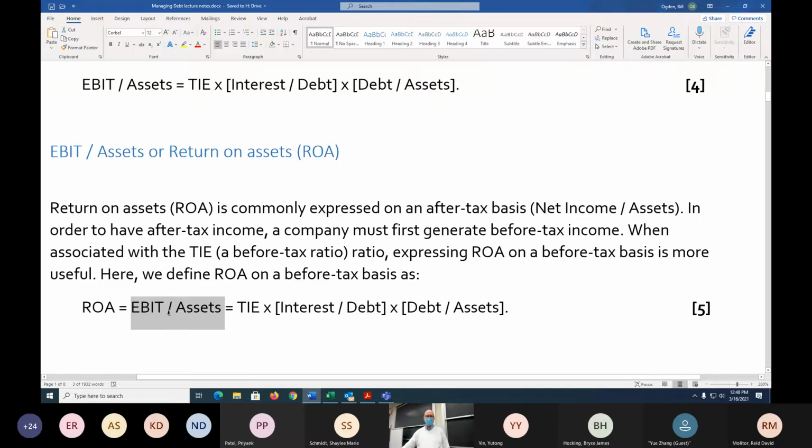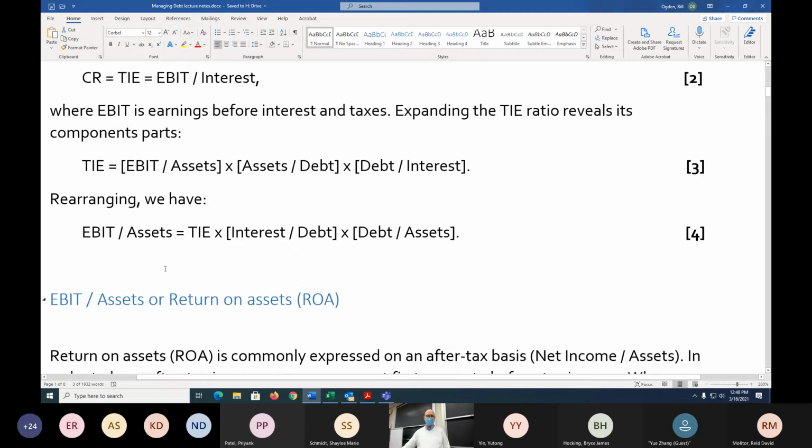Okay, so then if we come back to this equation, EBIT over assets equals times interest earned times interest to debt times debt to assets. All right, this we've worked with before, and we've also worked with this one. Let's do this one first. What is debt to assets? What did we call that in the last assignment, or two assignments ago?